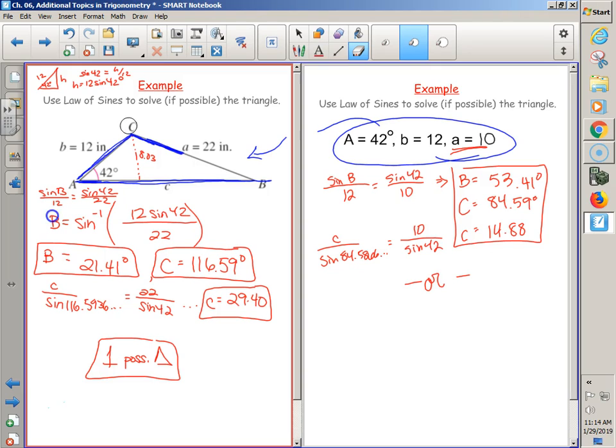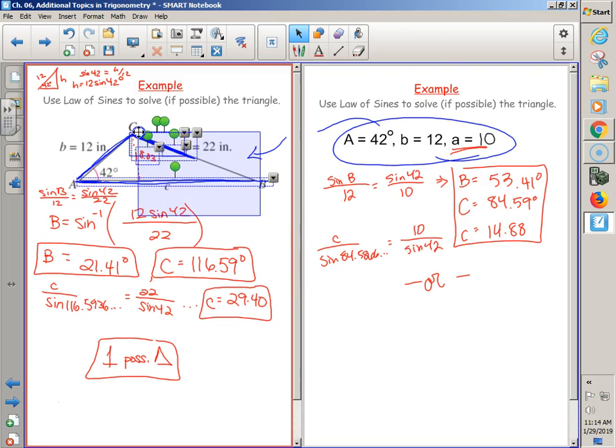Okay, so if I have a 10 instead of a 22, is it going to have the exact same angle to hit? No, because he stops right there, right? So what angle is going to hit with him? I think it needs to be a little bit longer. So what if I was to rotate him? How many ways could he connect?